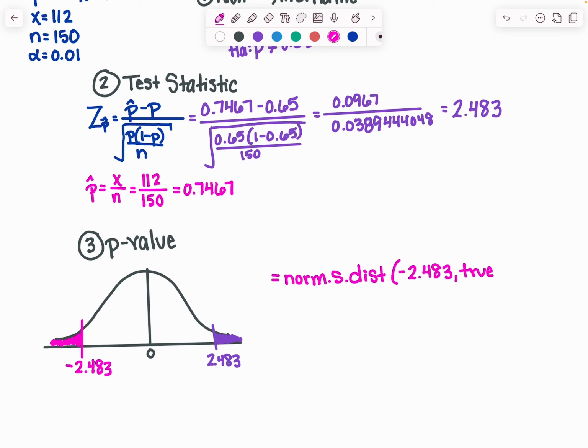And I'm going to focus on the negative because I'm looking at the area to the left of the negative, and so I don't have to do a 1 minus. If I were to focus on the positive 2.483, that's the area to the right, so I would have to remember to do the 1 minus. By focusing on the area to the left of the negative z-score, I don't have to do any 1 minusing.